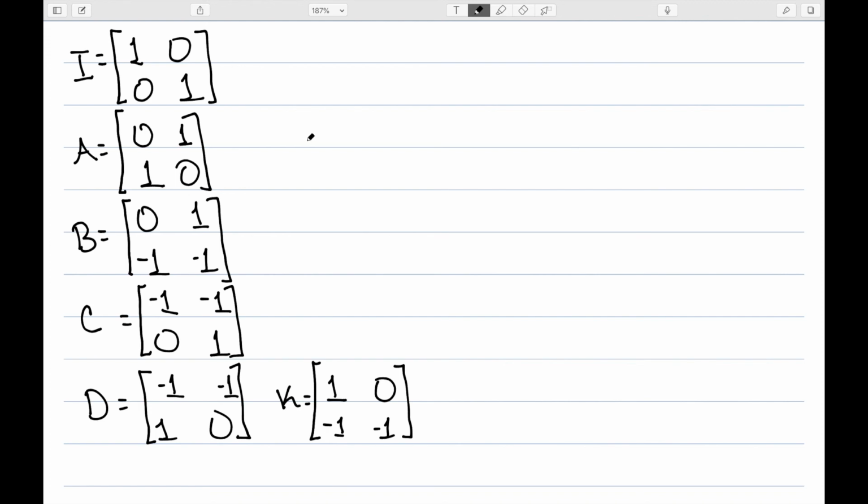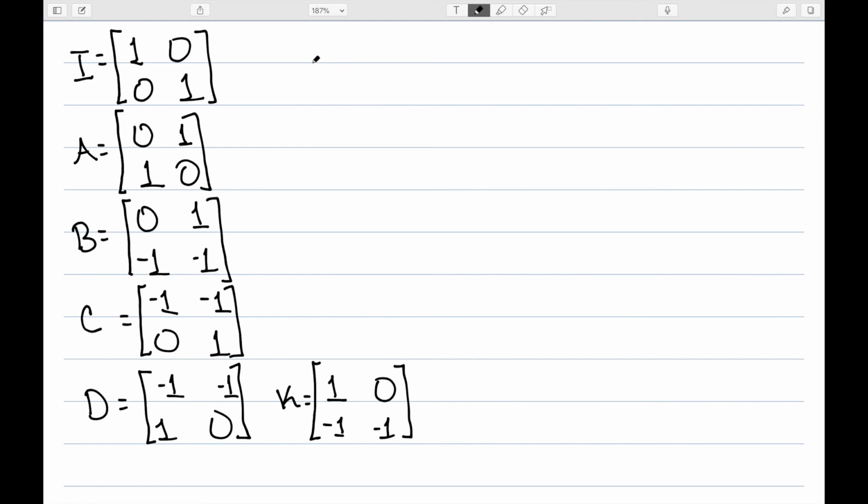We do know that matrix multiplication is associative, so I do have that to be holding true. I do know that I is my identity under matrix multiplication. I still need to show that all of these have inverses, as well as the fact that this is closed in the first place, that matrix multiplication would be an operation under these.